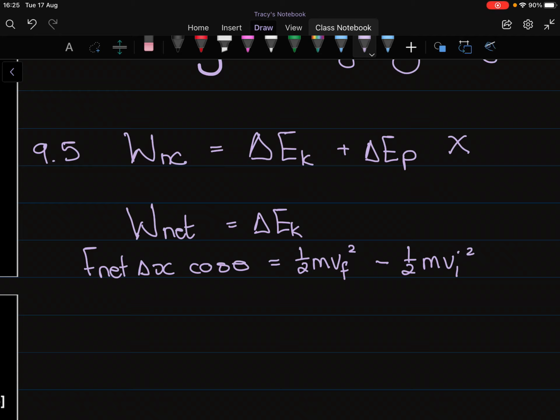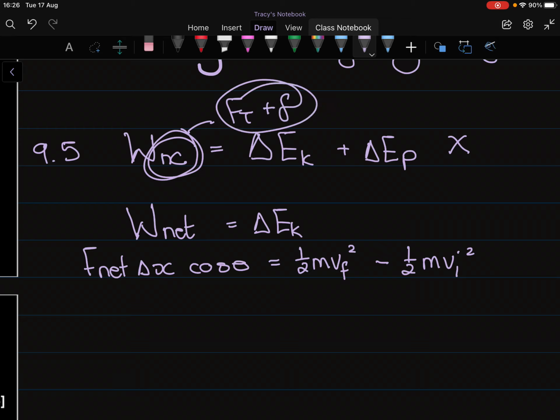Now it's about F net. You can find F net in the equation straight away. In fact, with this non-conservative force I was lying to you, this is actually Ft and friction. It's definitely more difficult. It's not just friction.